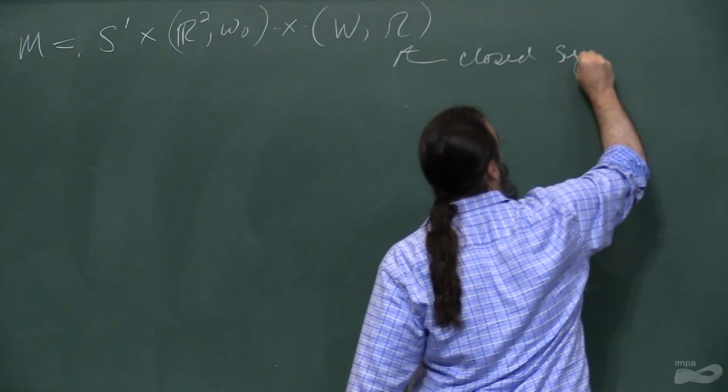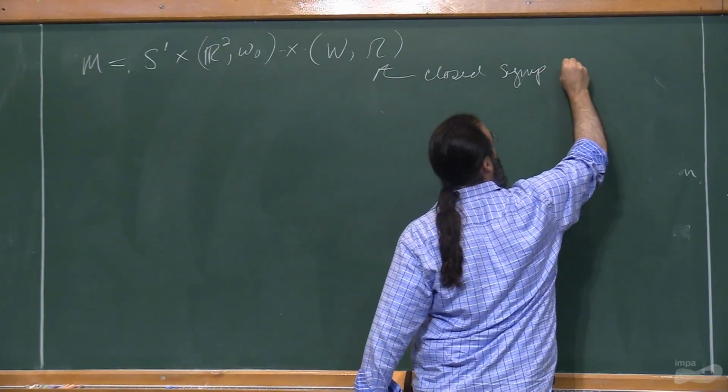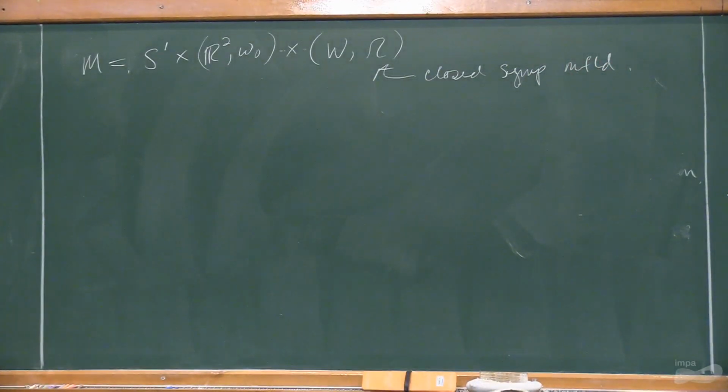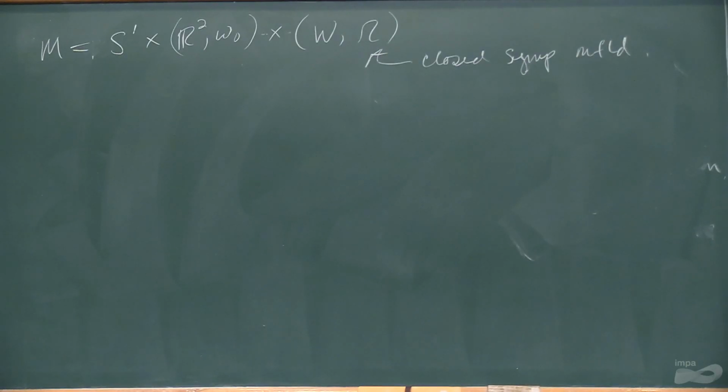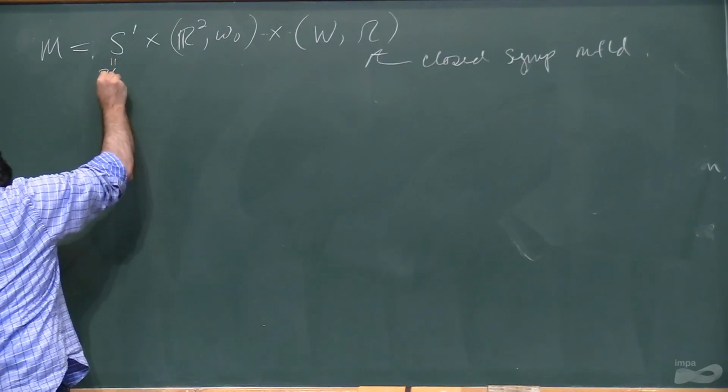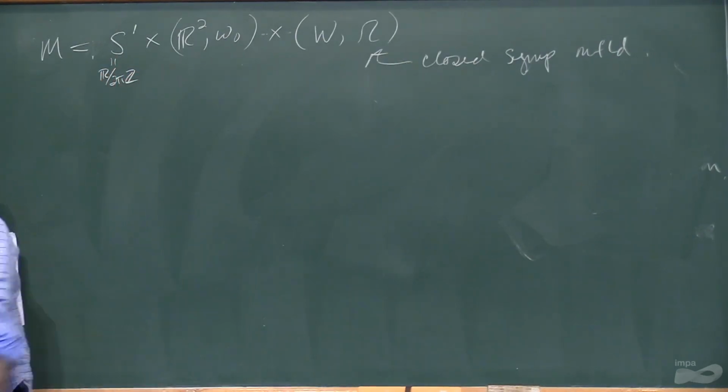That component is not interesting to me, because all the interesting stuff is going to happen here. So here's S1 cross a symplectic submanifold. I should say I'm going to consider this as R mod 2 pi Z to save me from having to write a lot of 2 pi's later.